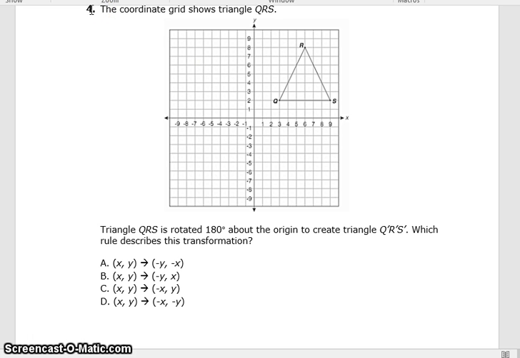Number 4. The coordinate grid shows triangle QRS. Triangle QRS is rotated 180 degrees about the origin to create triangle QRS prime. Which rule describes this transformation? Rotated 180 degrees.